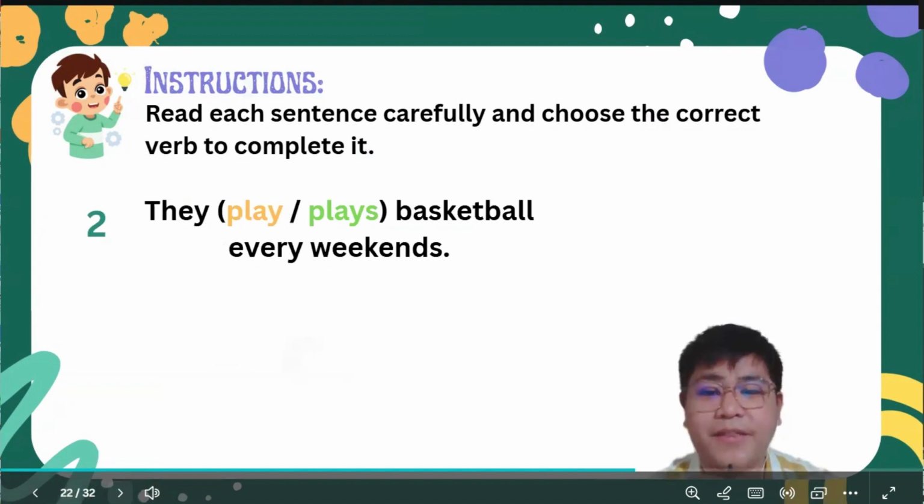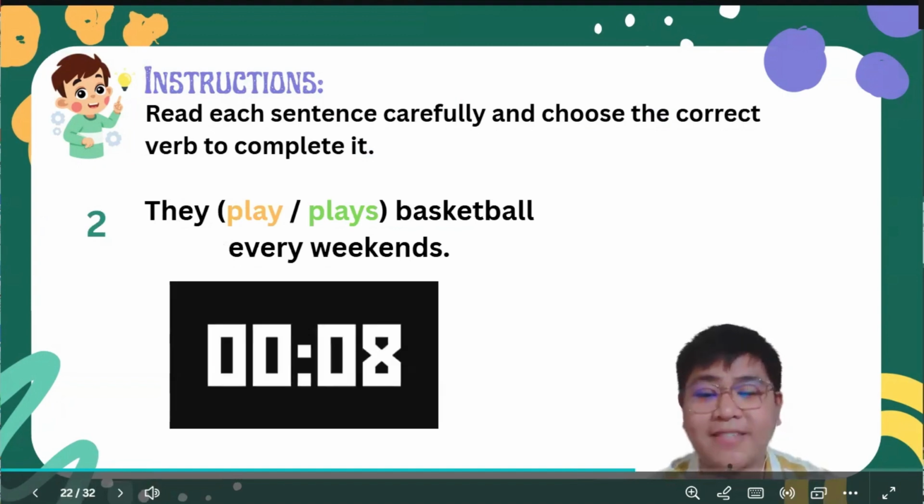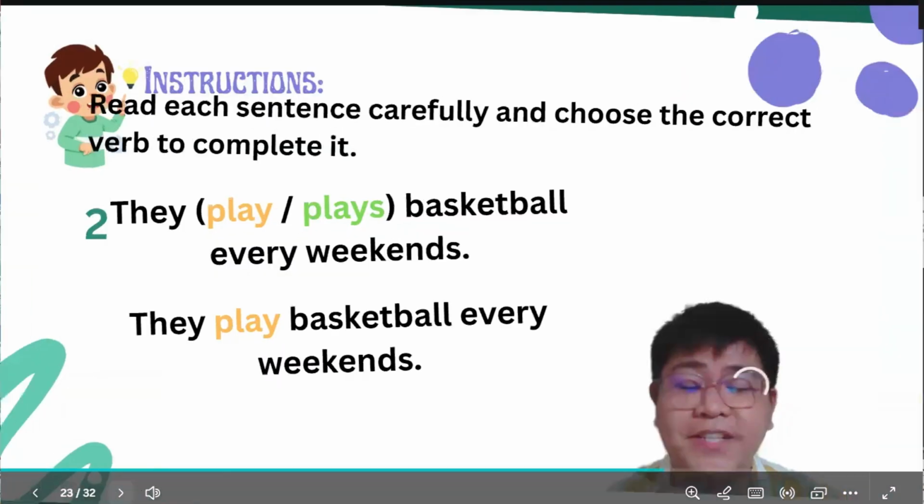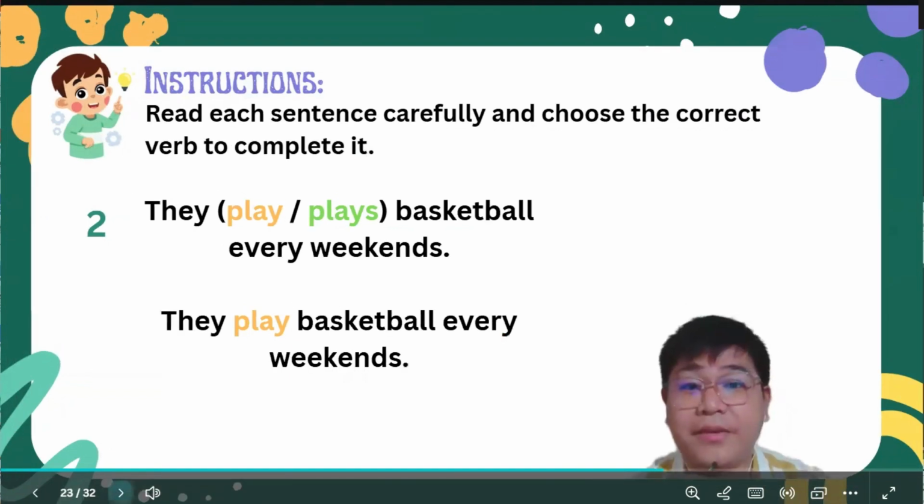Number 2, they plays basketball every weekends. So what do you think? The correct answer is play. We say they play basketball every weekends because they is plural, so our verb is play. They play basketball.